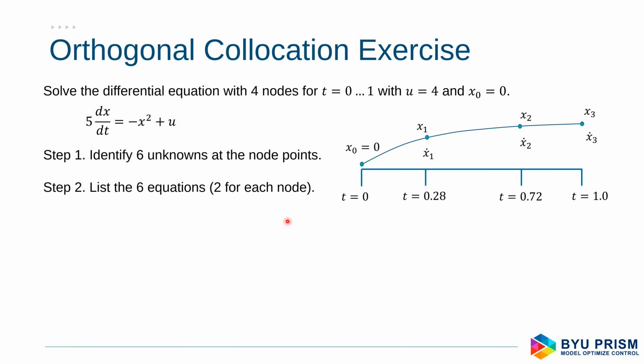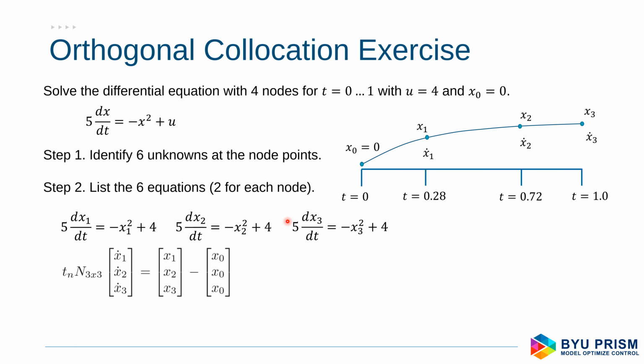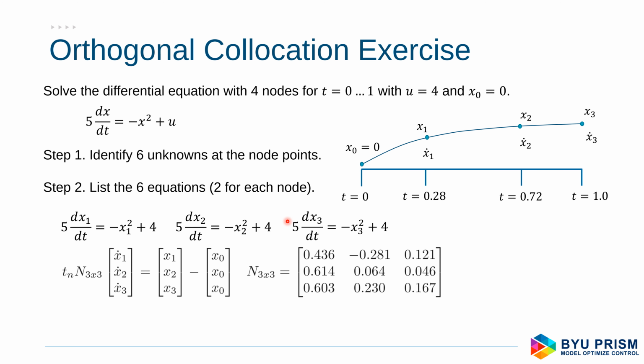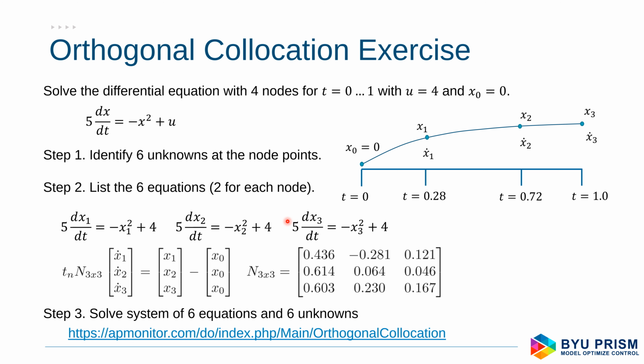You want to list the 6 equations. So we're going to have the differential equations that have to be solved at every node. And then you also have the collocation equations that relate the derivatives to the state values. You're going to set up and solve those 6 equations and 6 unknowns. And if you go to this link, you'll be able to see the solutions as well as the problem statement.